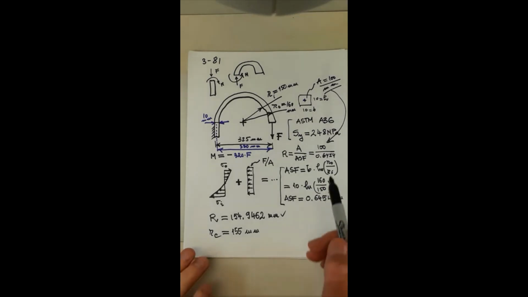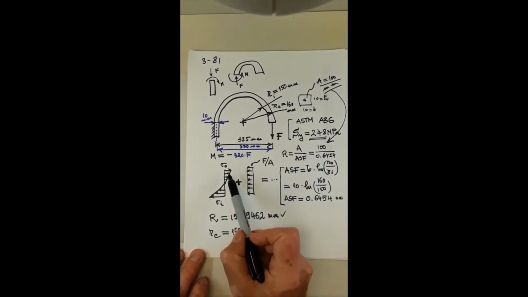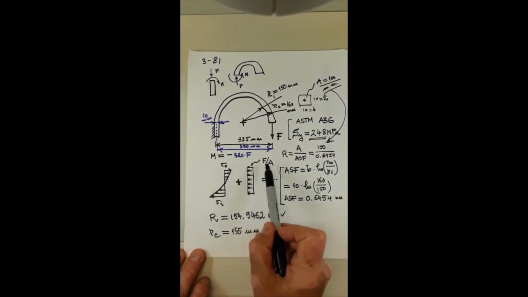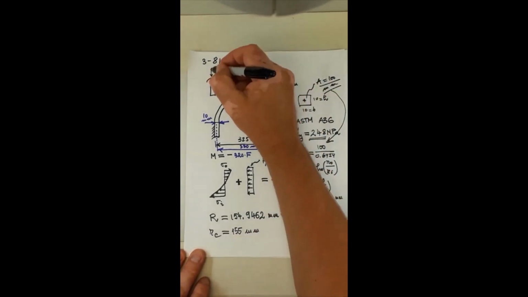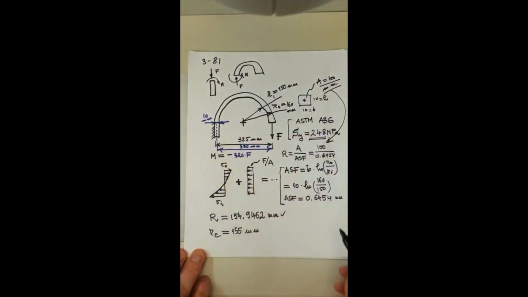So really, we're going to set the limit condition where the maximum tensile stress, with consideration of the compressive effect of the force producing direct compression over this cross section, is set equal to the yield strength of the material.